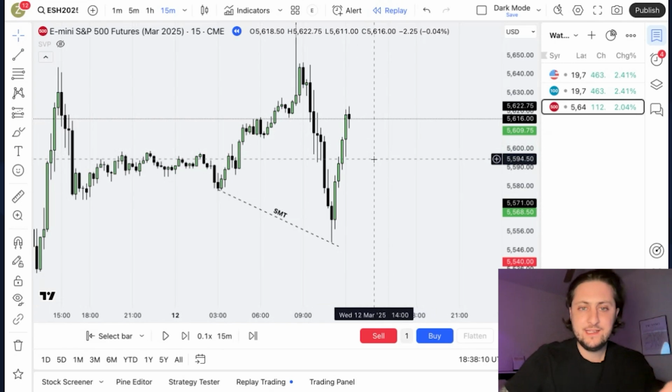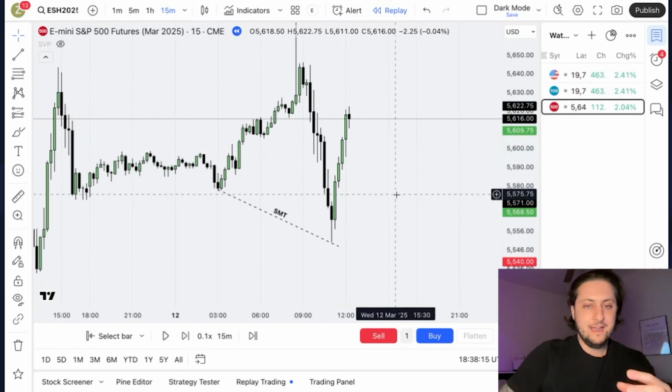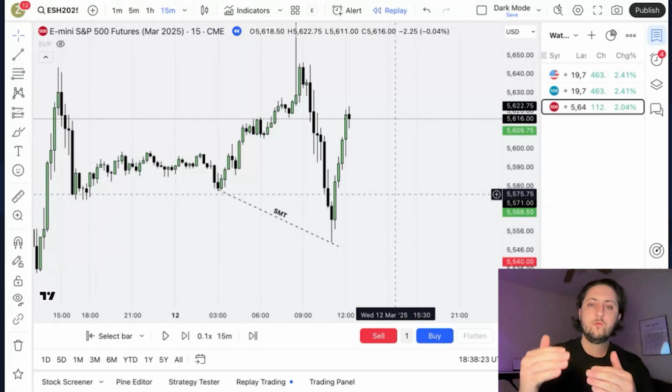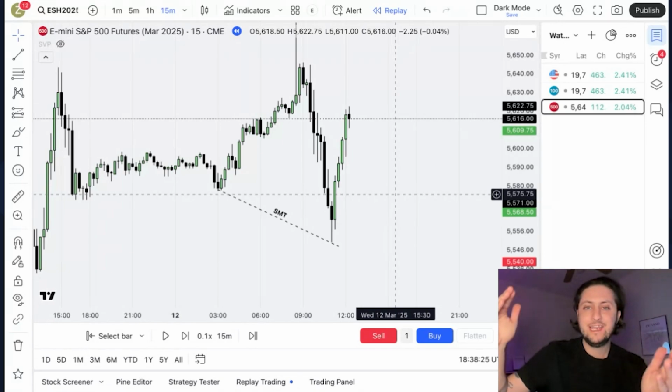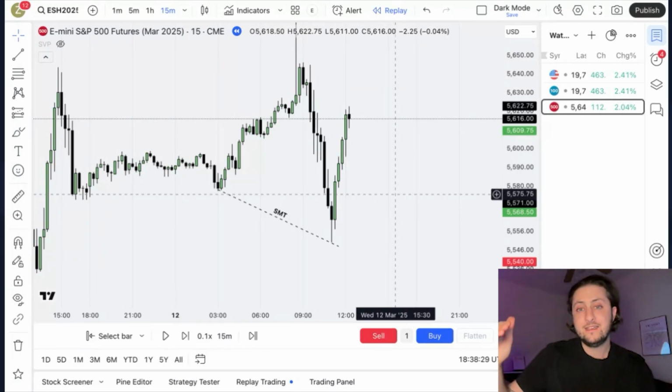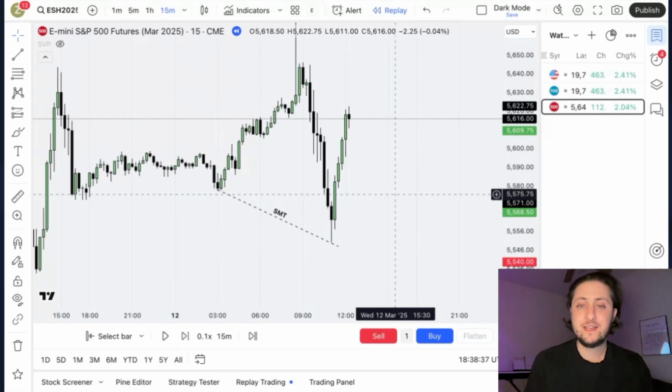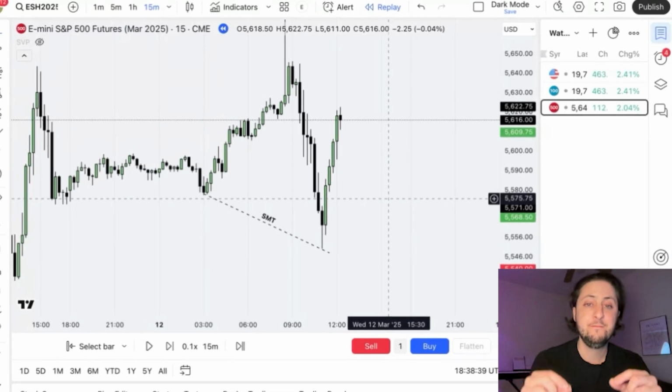Now, this is a divergence between the two main indexes. And the way to think about this is it's very similar to RSI divergence, right? If you're familiar with RSI divergence, in the case of a bearish divergence you're looking at price action moving higher while the RSI line is going lower. This is the same idea, but a much more effective and higher probability reversal signal than RSI divergence because it's immediate.